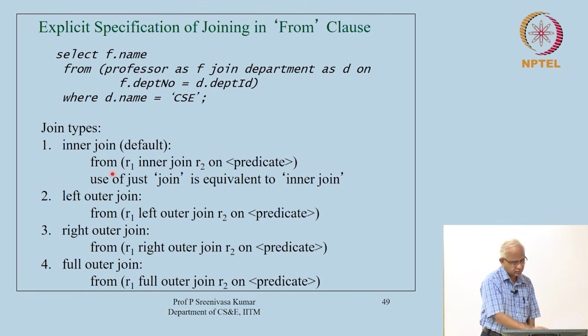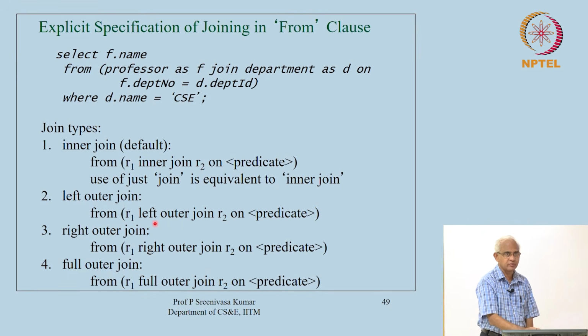So, in the from clause, from R1 left outer join R2 on predicate. Okay. When you are doing left outer join, right outer join, full outer join, there is really no alternative other than specifying it like this, unless of course you use subqueries to produce these outer joins also.